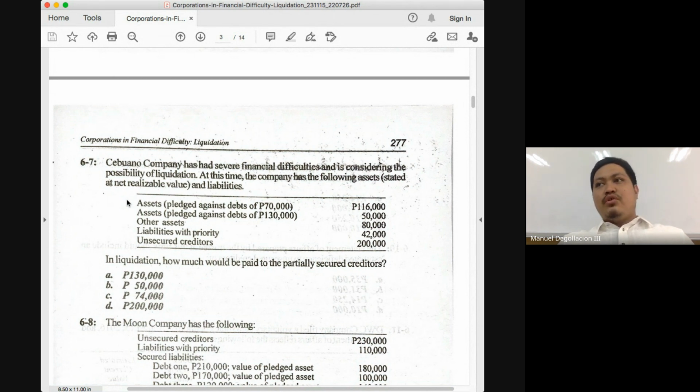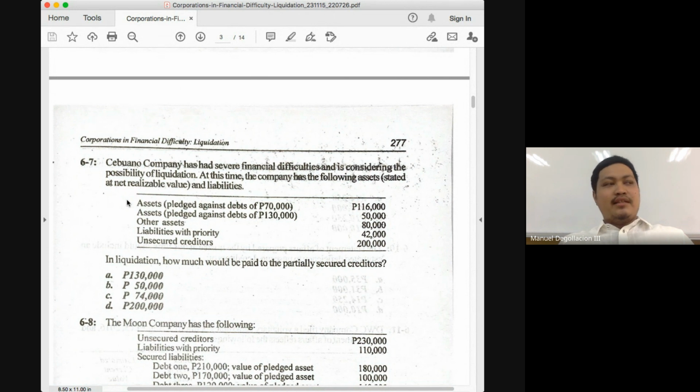The information concerning your secured liabilities is embedded in the information provided for your assets used as collateral or security. So definitely we are not talking about the 70,000 liability in this problem, because as we have concluded, this 70,000 is fully secured.